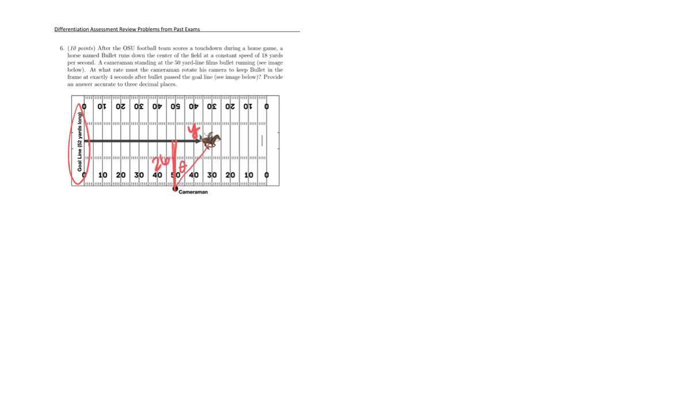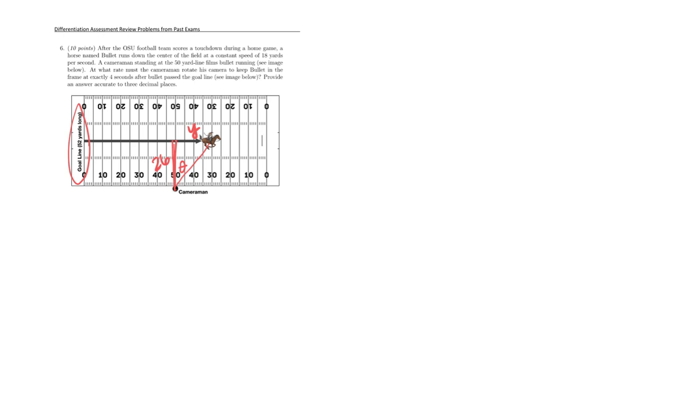Okay, so that is my picture there where I have the 26 labeled, and I can go ahead and put that number in there, because that distance from the cameraman to the center of the football field will be the same no matter where Bullet is. So that's not a changing quantity. But the Y, that distance, and the angle are both changing quantities.